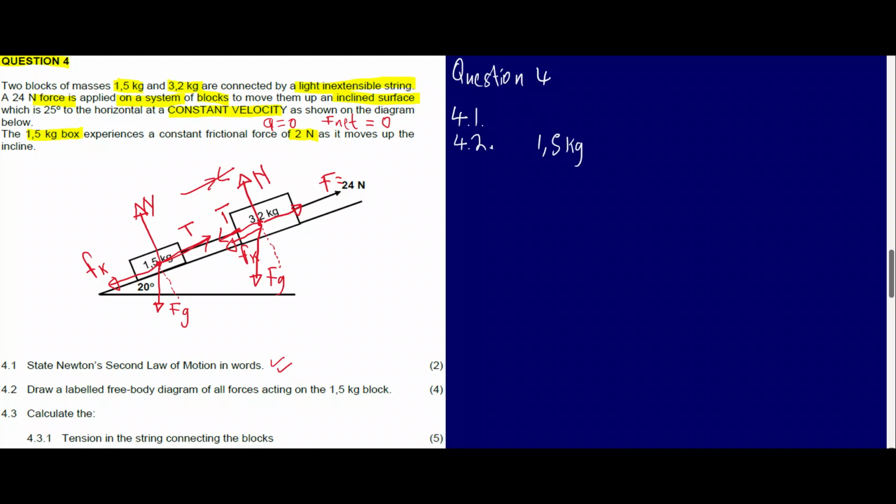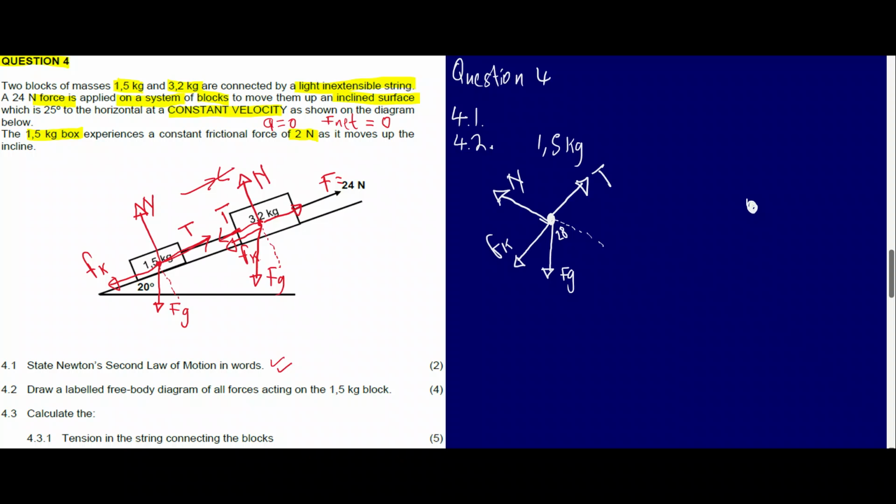Now we can draw the labeled free body diagram of the 1.5 kg block. I'm going to draw for both. The 1.5 kg block would have gravity going down, and after that it will have the normal force going in that specific direction, and here would have some dotted lines with the tension going up and the friction going down.